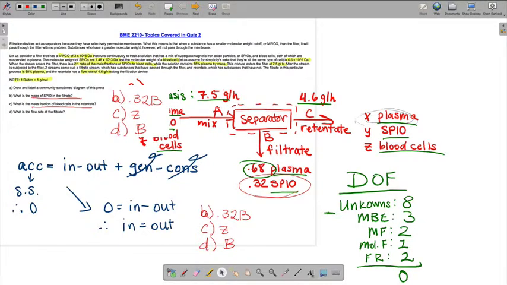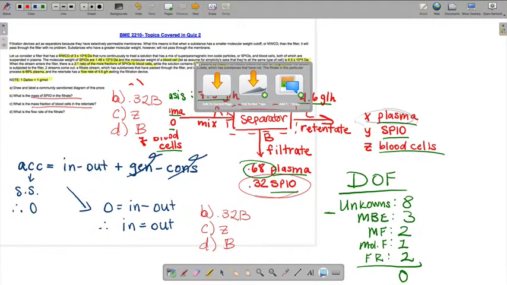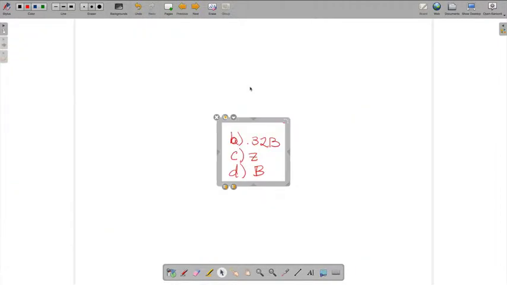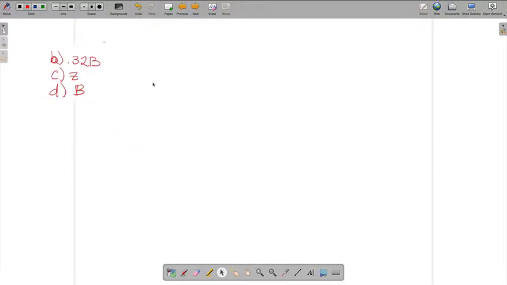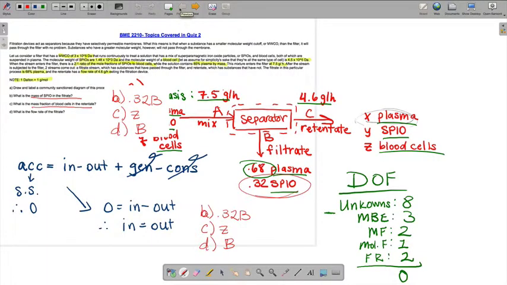Sorry. Trying to figure it out. Okay, so these are the things that we're solving for. If we go back to our previous page, we know that, oh, my bad.